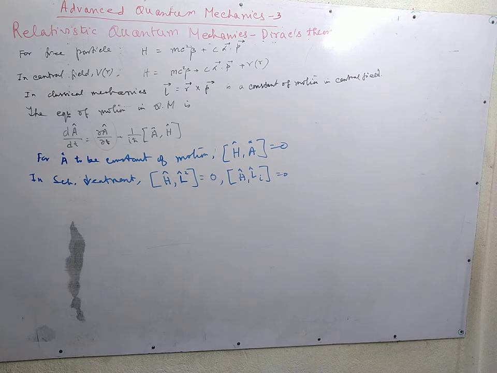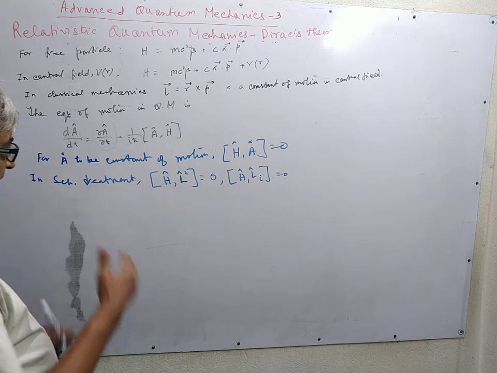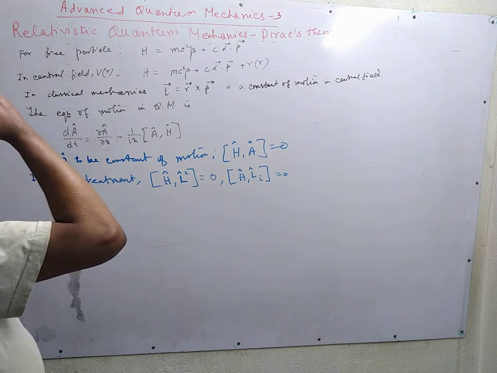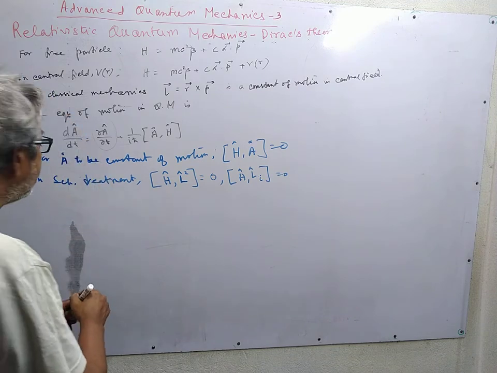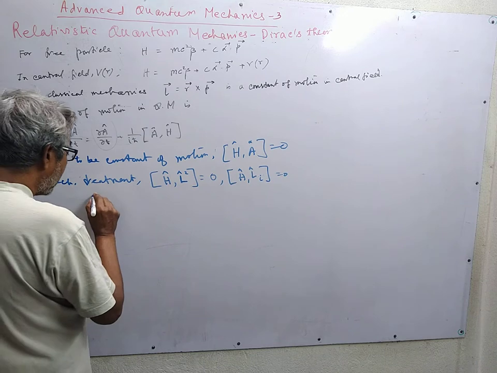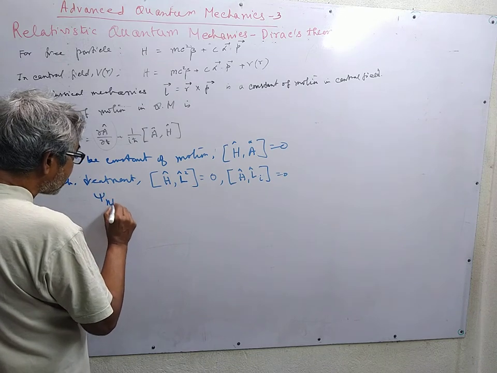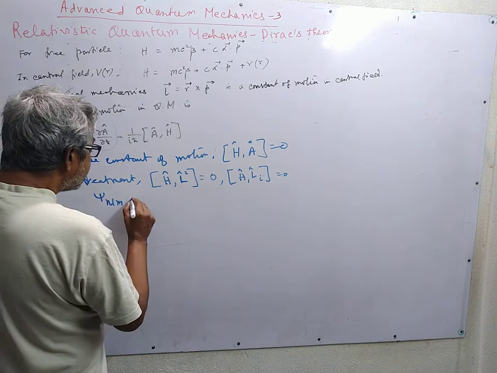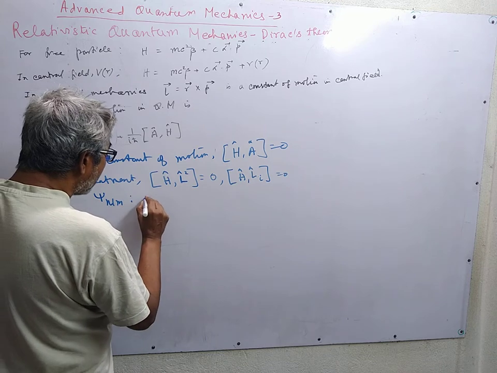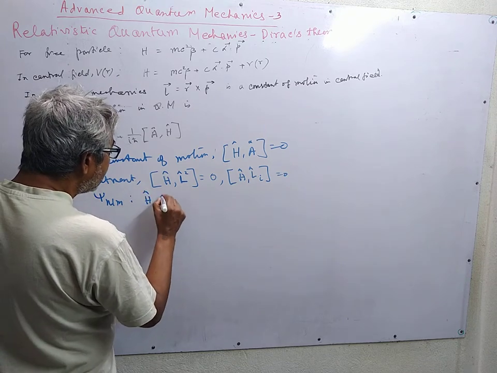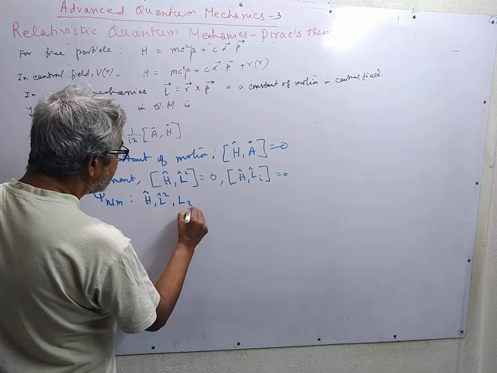We looked for simultaneous eigenvalues of H, and we know that the hydrogenic wave function psi n l m is the simultaneous eigenfunction of the operators H, L squared and Lz.